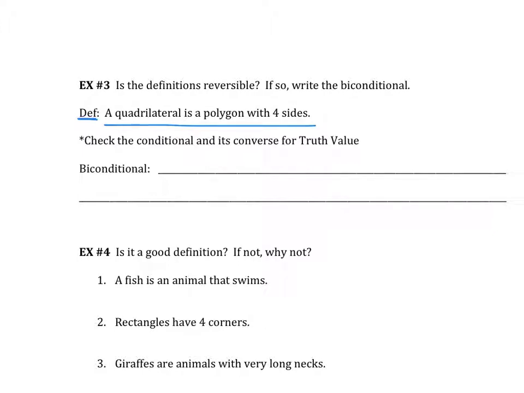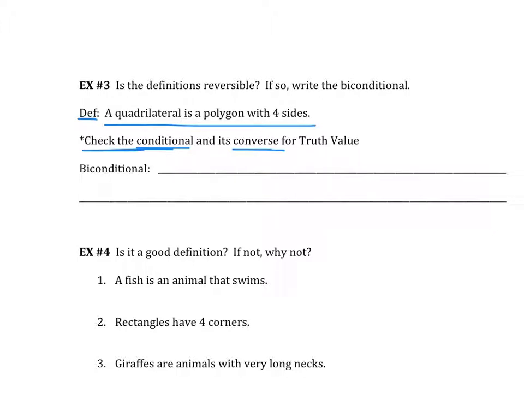If a polygon, what Hannah said, has 4 sides, then it's a quadrilateral. Is that true? Yes, right? So if both of those are true, which they are, that's what we just did. We checked the conditional and its converse for their truth value. They are both true. Then we can write a biconditional.